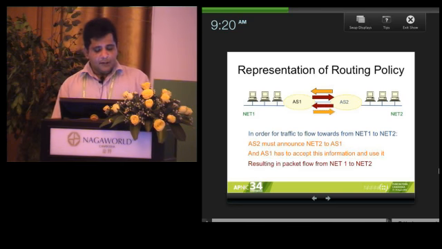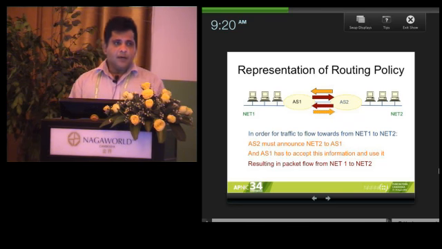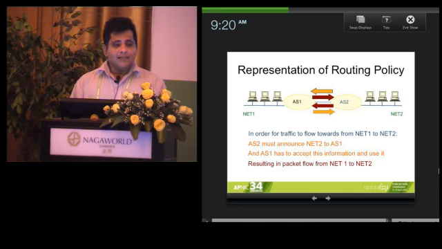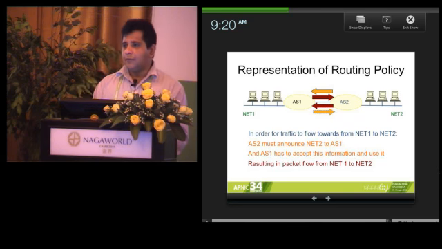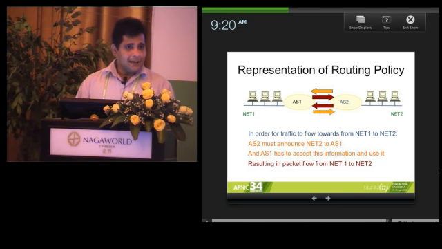And then, of course, the resulting packets will flow from network 1 to network 2. But here, AS2 is announcing something and AS1 is accepting something. Would you want to accept anything the other side announces? This is a question we have to think about, because it may not be legitimate.